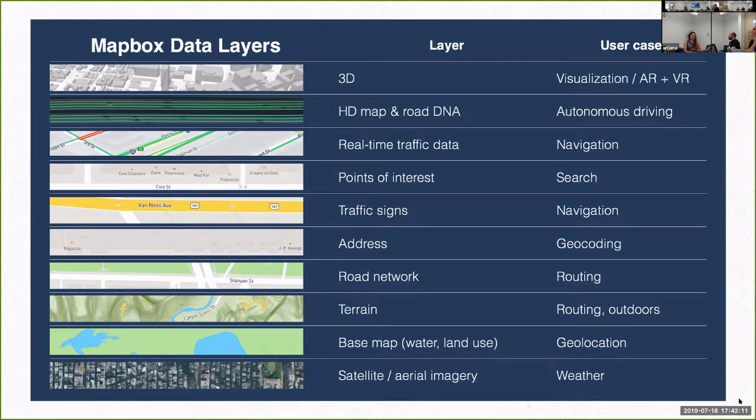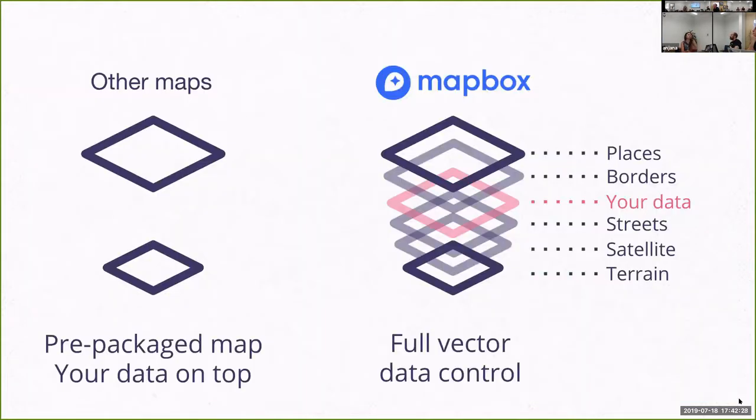And the nice part about our platform is that we allow you to take the parts that are relevant for you, leave the others. It doesn't come all smushed together into a single map. So you're able to really use the layers of data that make most sense to you and insert your data right in the middle of that, however makes sense.